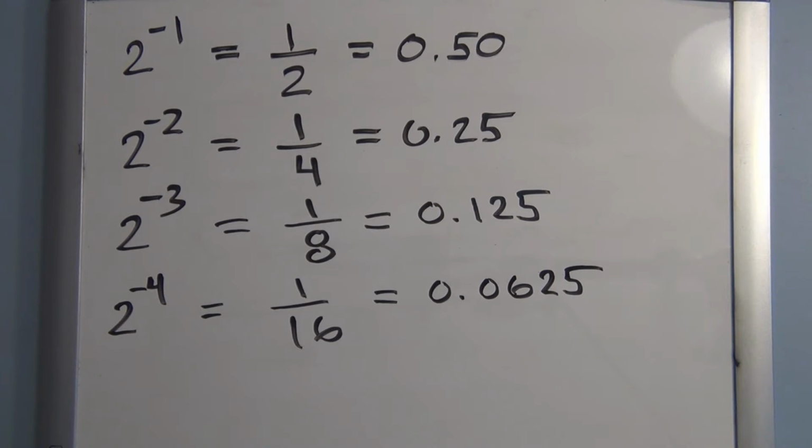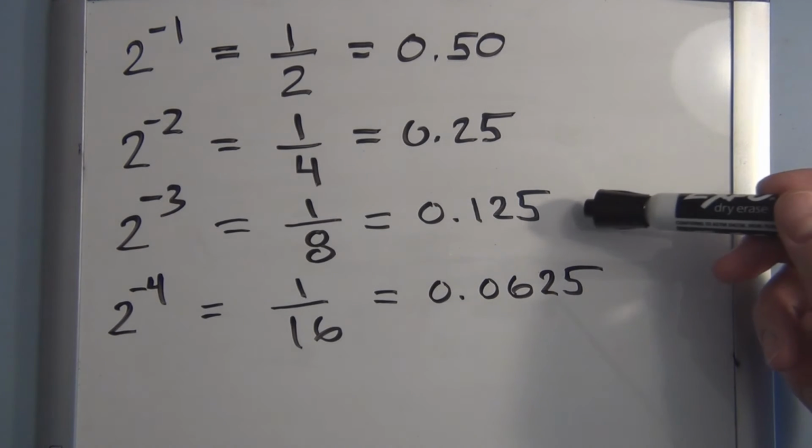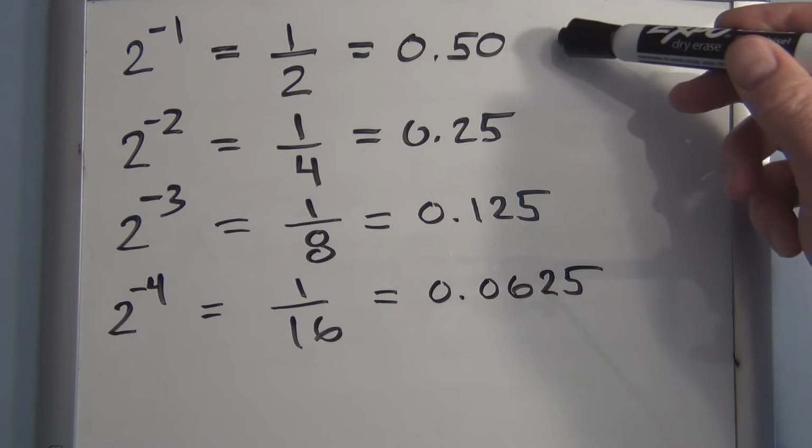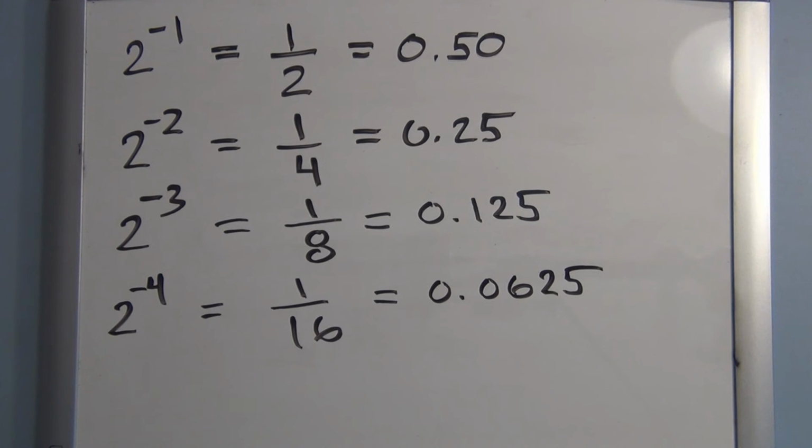So because we're dealing with binary, the base 2, these are the fractions that you'll get used to seeing when dealing with binary to decimal conversion or decimal to binary conversion.